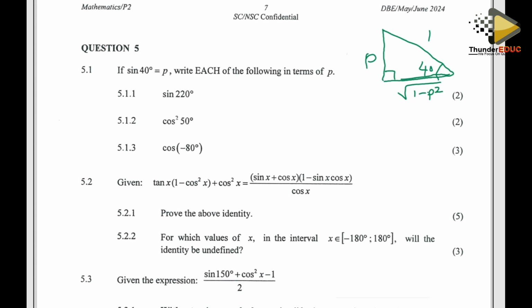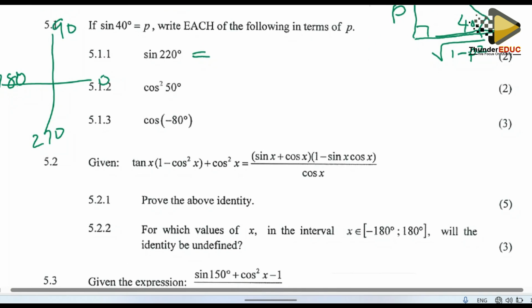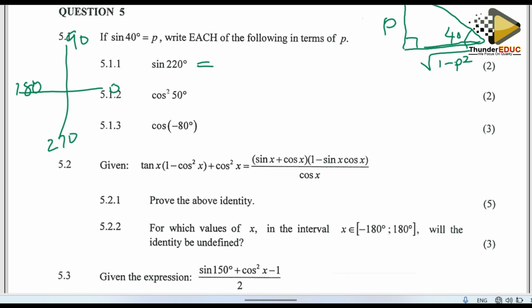Now I have the sine of 220°. In which quadrant do we find 220°? From our Cartesian plane, that's 0, 90, 180, and then 270. So the 220° is located in quadrant number 3.